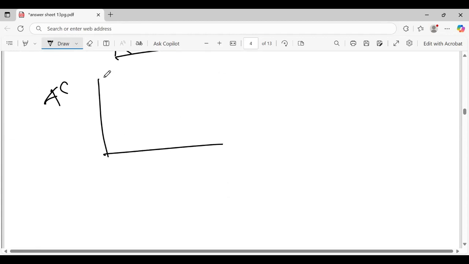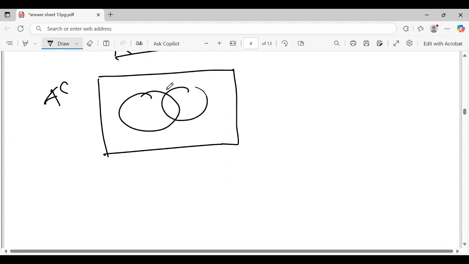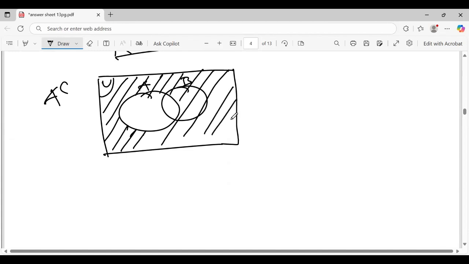Also A complement if there are two sets A and B. Let's see first. This is set A, set B. The shaded area is the area of A complement.